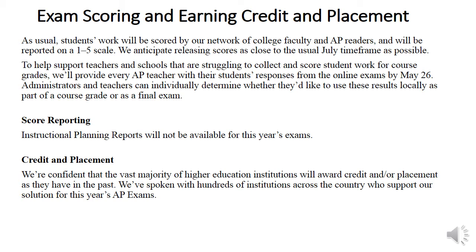So no changes in how they're scoring it, and they expect no changes in how long it takes them to get you that information back. They say on their website that by May 26th, they will send me copies of your responses, right? What you typed up.